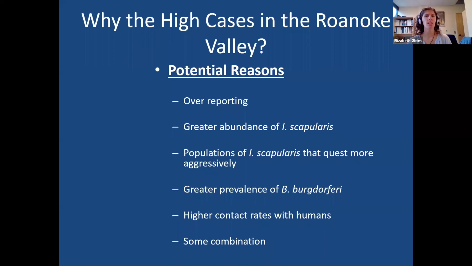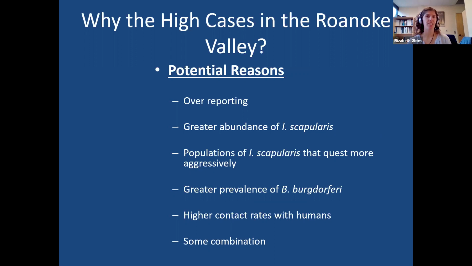It's also possible that these ticks are carrying Borrelia burgdorferi at a higher prevalence. And then the last idea is that it's also possible that ticks are coming into contact with humans more frequently. Now, part of that could be because of the more aggressive questing behavior, but there could be other reasons that humans are coming into contact with ticks more frequently.